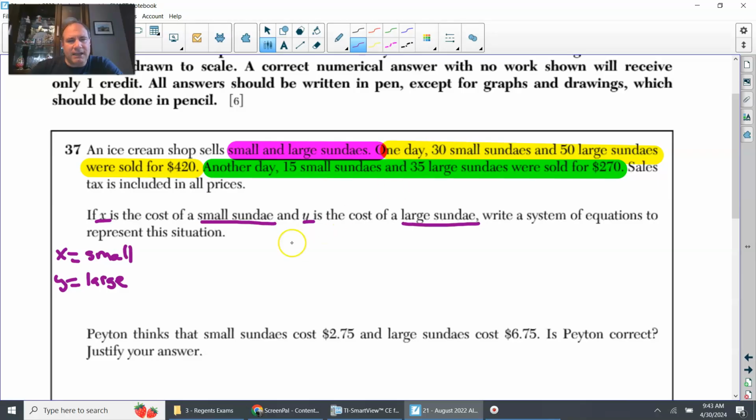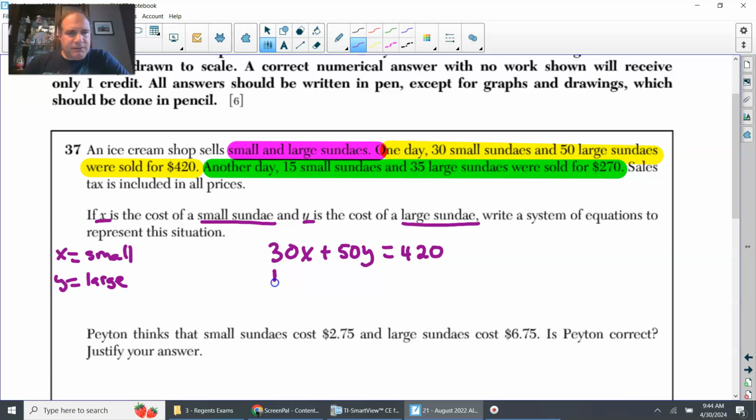All right, so one day. This is 30 small, 30x, plus 50 large, sorry, not L, y, equals 420.